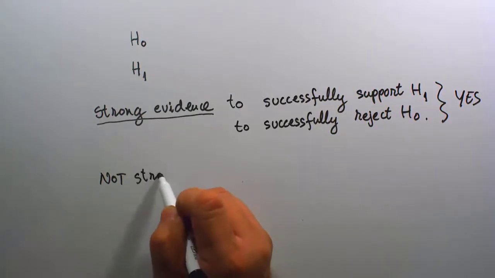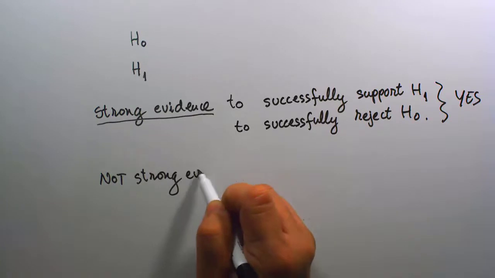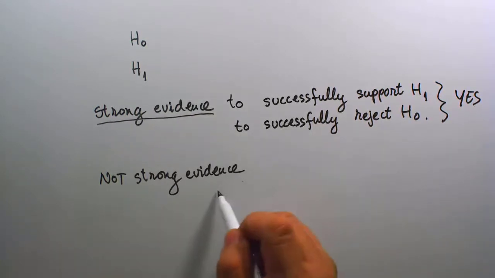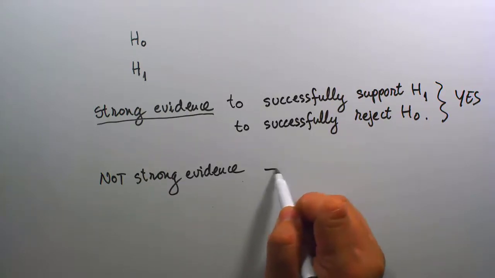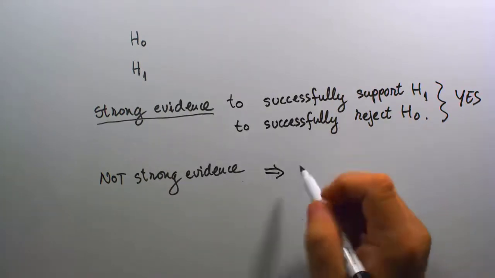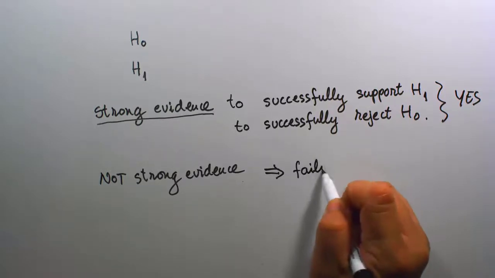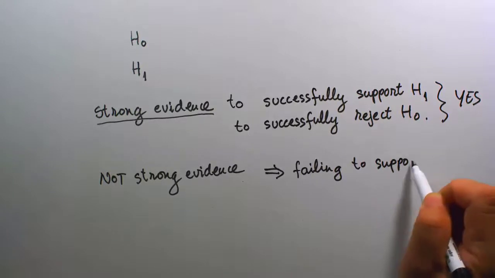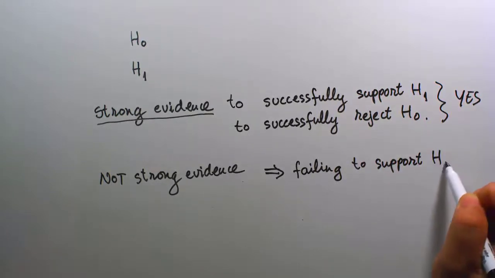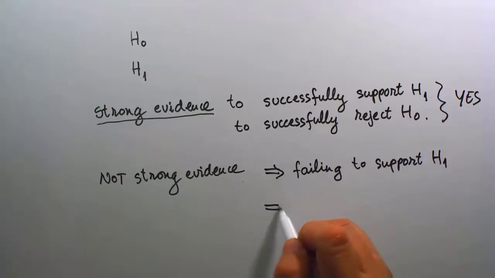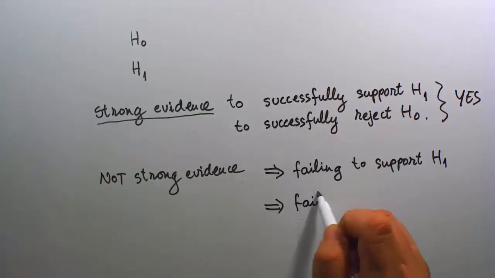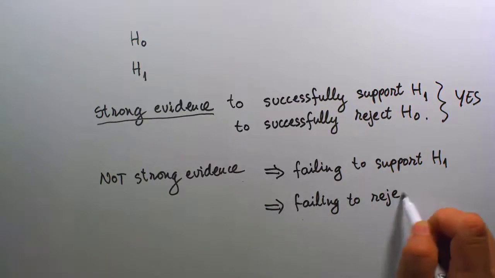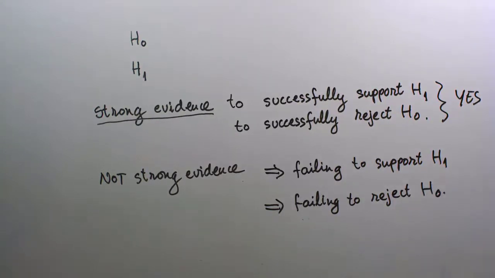Evidence being not strong leads to, this time I have to use that arrow over here, we're failing to support H1, and also means the same as we're failing to reject H sub 0.